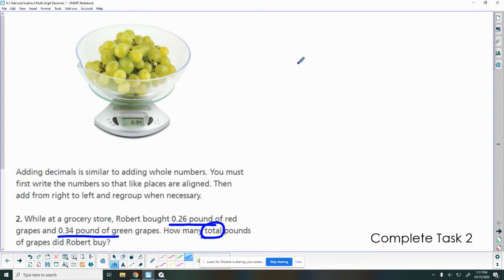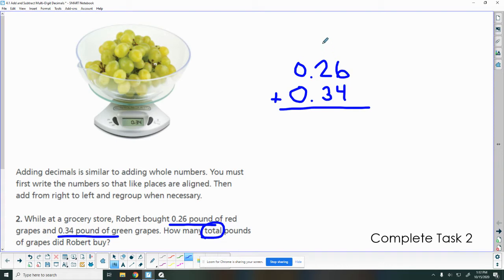So now I know I'm adding these up. So I have 0.26 red, and I need to line my decimals up. 0.34 green. I'm adding these up. So then we start over here on the right, and we regroup just like adding whole numbers. You can see my decimals are in the same place, lined up. My tenths, my hundredths, my ones, even though there aren't any, they're still lined up one on top of the other.